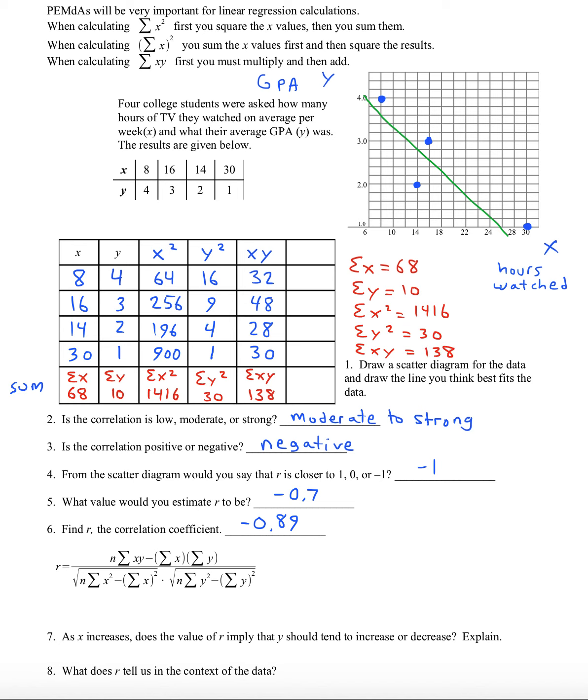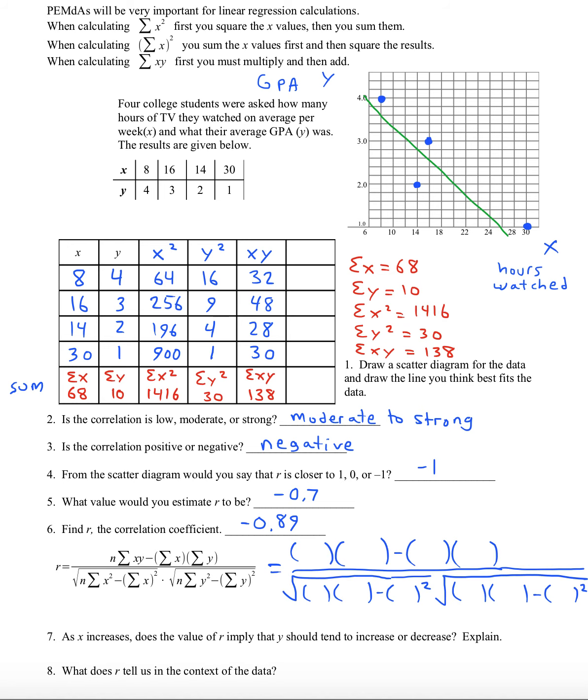Because we now have to plug those sums into their places in the r correlation coefficient formula, what I'm going to do is rewrite the formula, leaving empty parentheses wherever a variable is. I left an empty space for n.